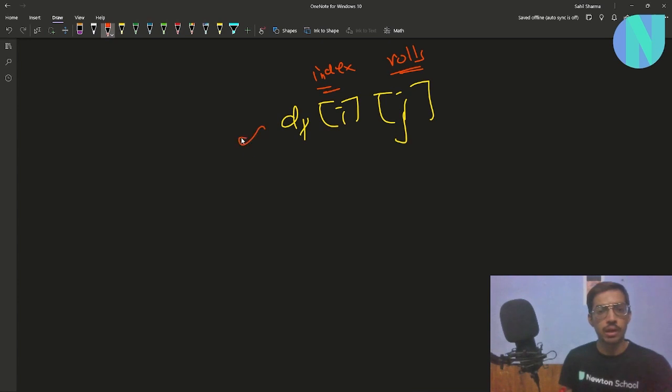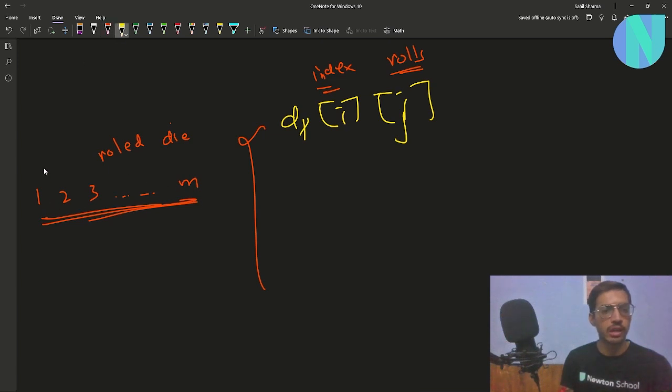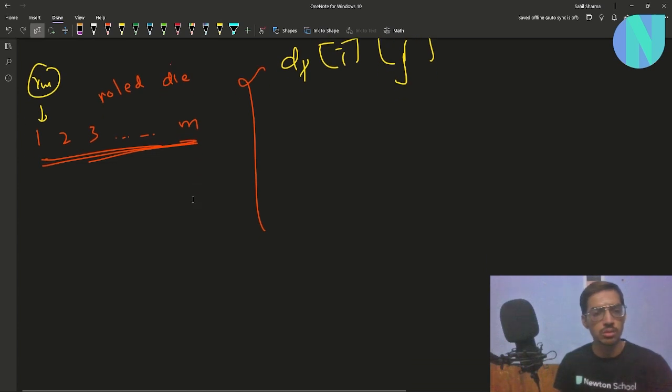So in my last step, I must have rolled the die, and I must have gotten some value from 1, 2, 3, and so on up to m. I must have gotten one of these values, and the probability of getting any of these values is 1 by m, right?